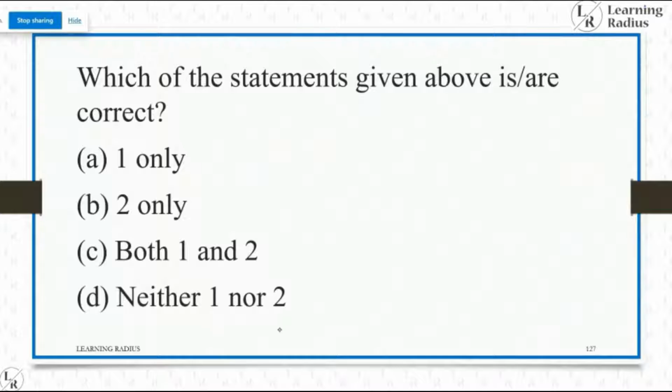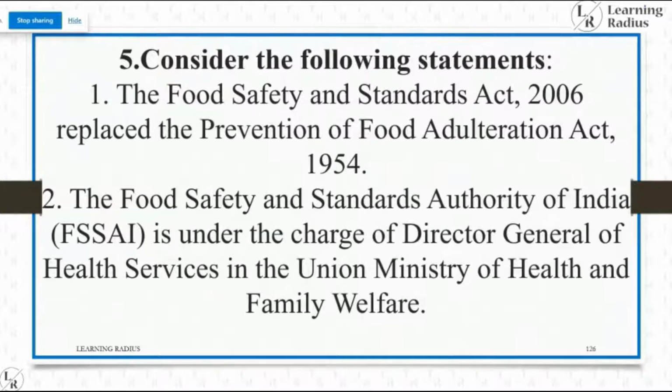So the second statement, which says the Food Safety and Standards Authority of India, FSSAI, is under the charge of Director General of Health Services in the Union Ministry of Health and Family Welfare, as such is wrong. And the first statement is right. The Ministry of Health and Family Welfare, Government of India, is the administrative ministry for the implementation of FSSAI. The Chairman and Chief Executive Officer of FSSAI have already been appointed by the Government of India before the formation of FSSAI.